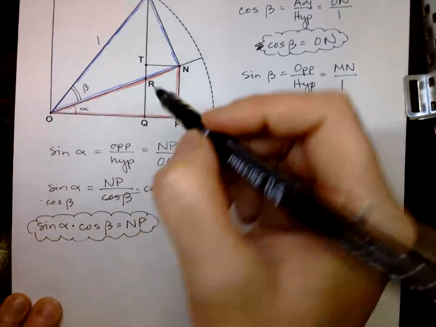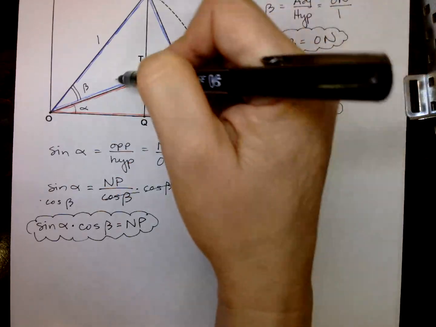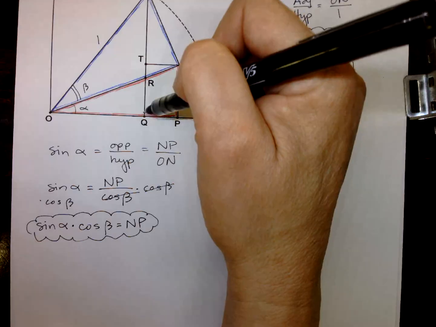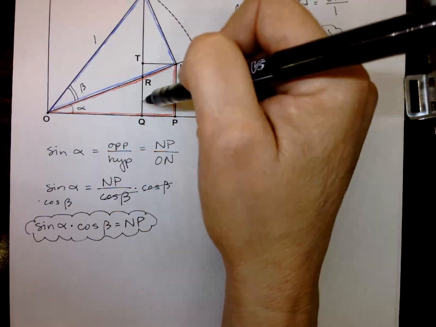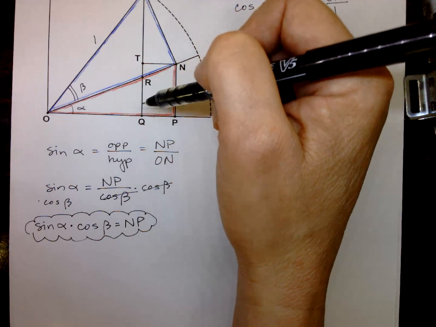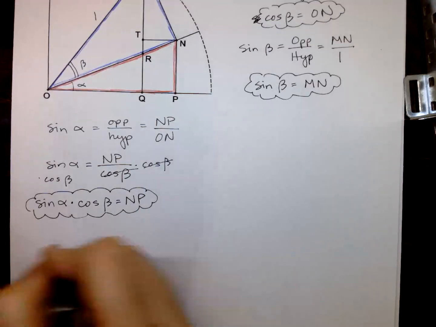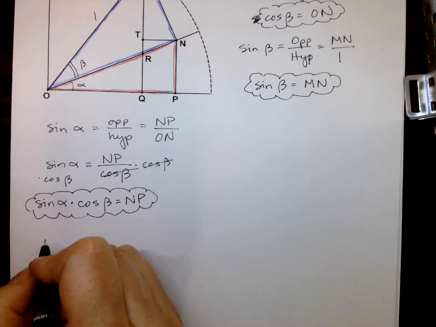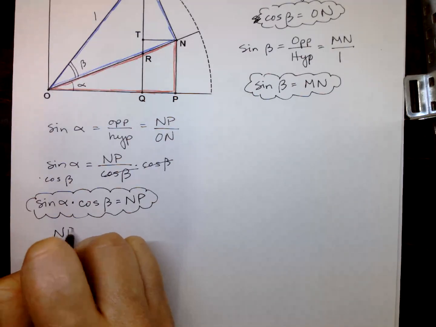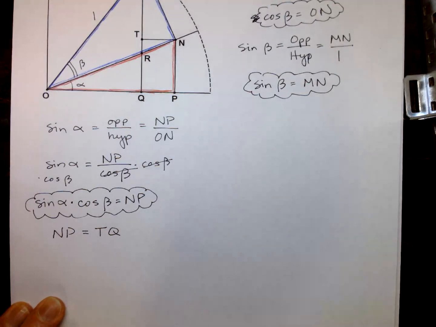Hey, I see something right now that is helpful. I just figured out a formula for NP, but look at how NP is related to TQ. They're both part of this rectangle, and since they're opposite sides, they should be the same length. Now, if you were in geometry class, you might have to go through a few more steps to prove this perfectly, but we're just going to say that NP is equal to TQ because they're opposite sides of a rectangle.